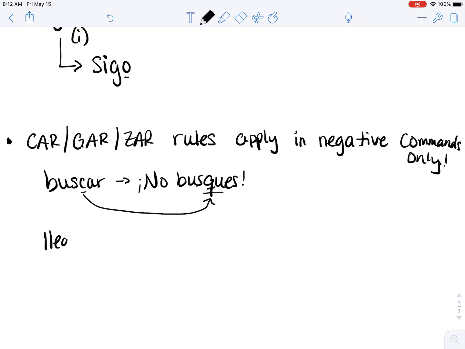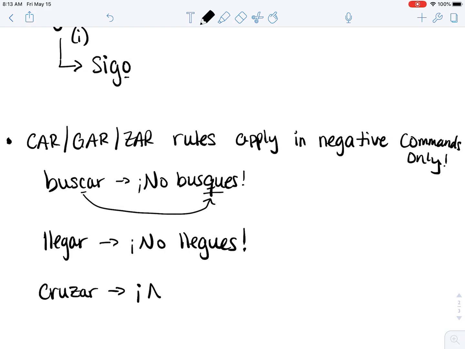A gar verb like llegar, to say don't arrive, would be no llegues. And to throw in a little bit of your vocab here, cruzar, to say don't cross, no cruces.